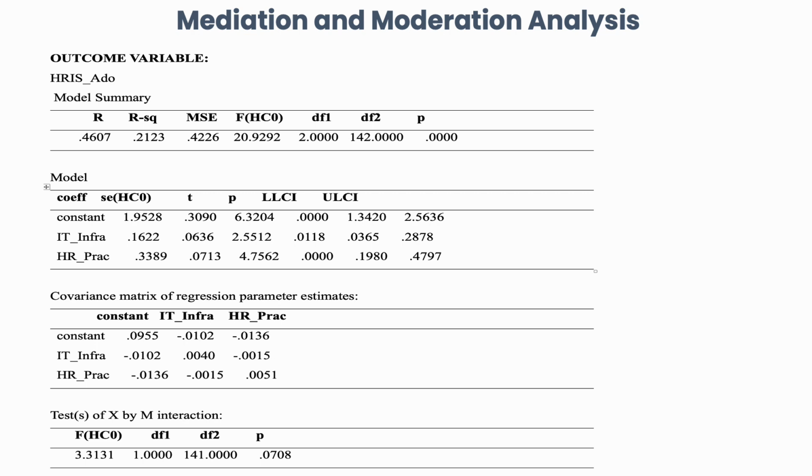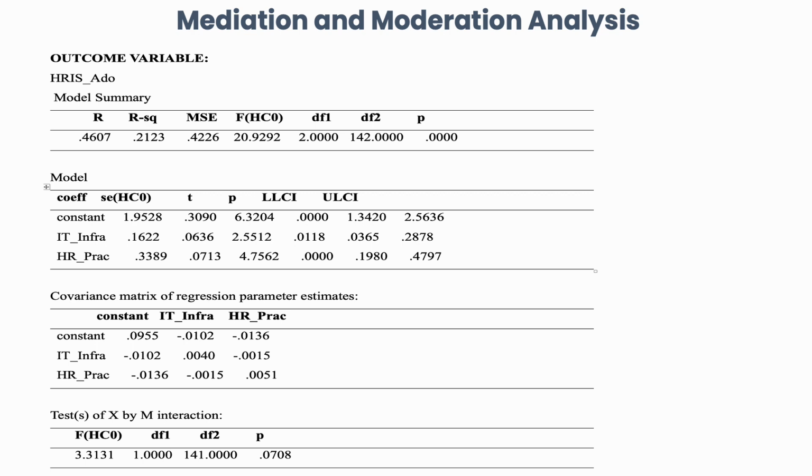For IT infra, the coefficient is 0.1622, indicating that for every 1 unit increase in IT infra, there is a 0.1622 unit increase in HRIS Edu.